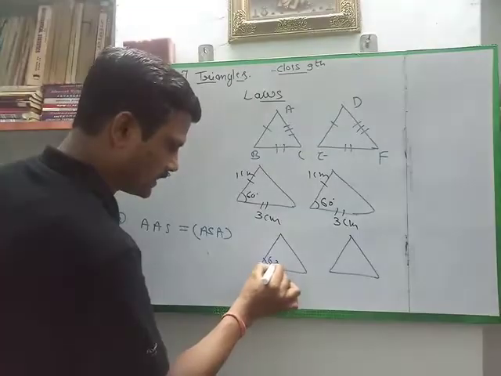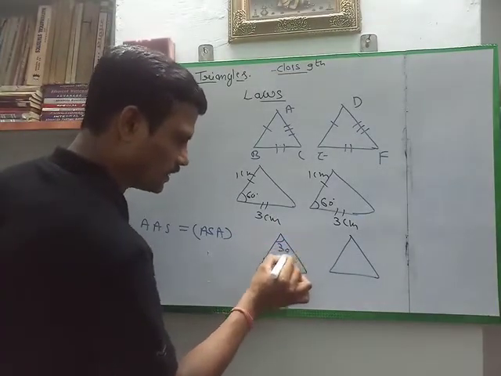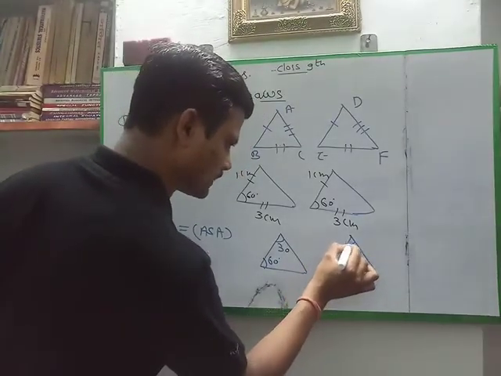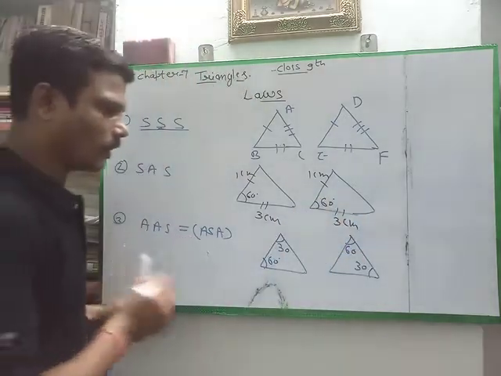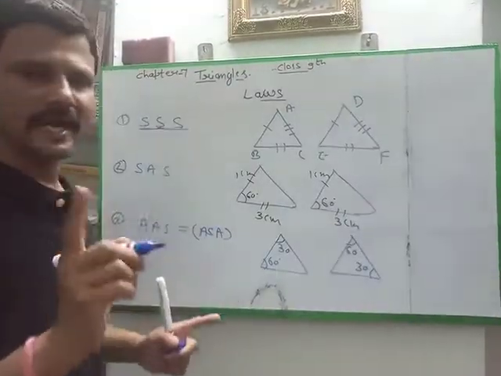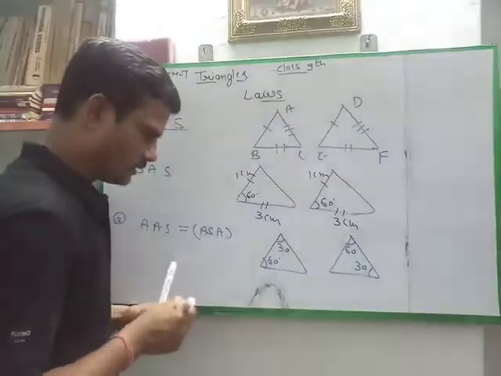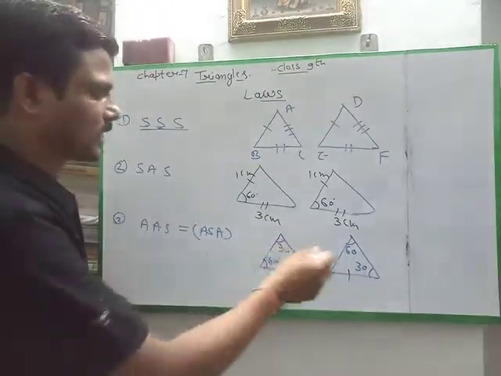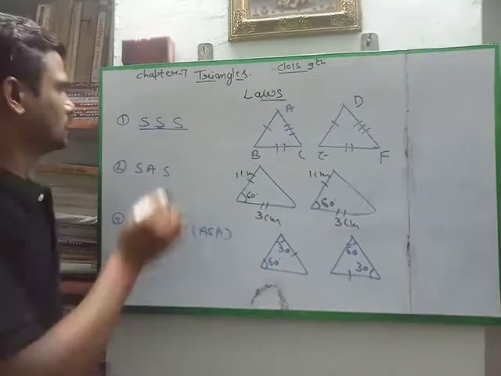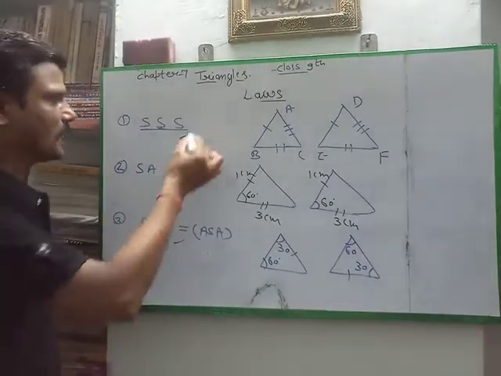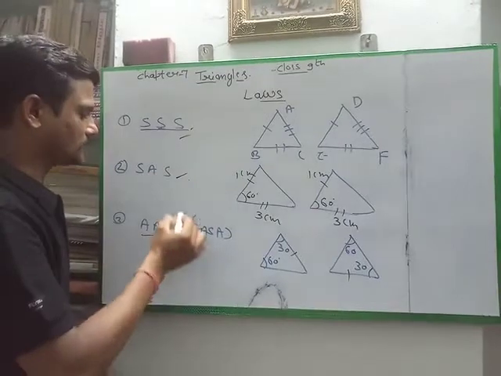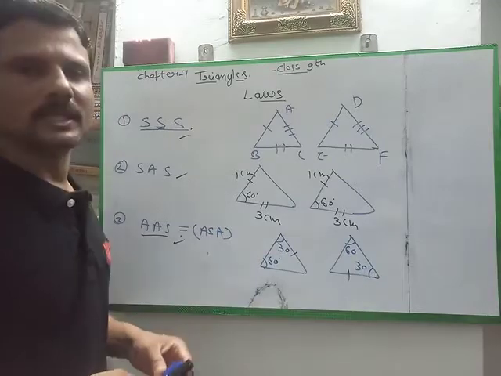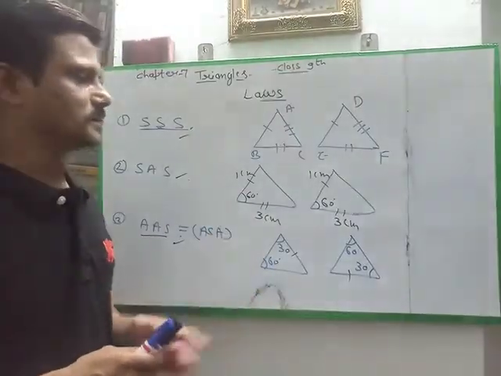This angle is 60 degrees and this is 30 degrees, and this is 30 degrees and this is 60, and any one side, suppose this side is equal to this side, then we can say the triangles are congruent. So SAS, ASA, SSS. These are three laws related to triangles to show that the given triangles are congruent.